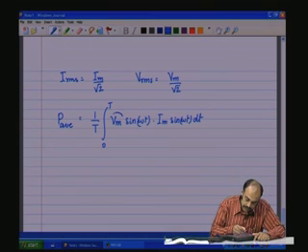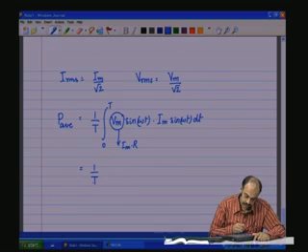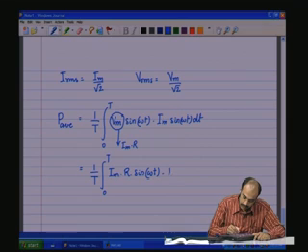Let us replace this by Im into R. So, which is 1 by T integral of 0 to T Im into R sin omega t into Im sin omega t dt.